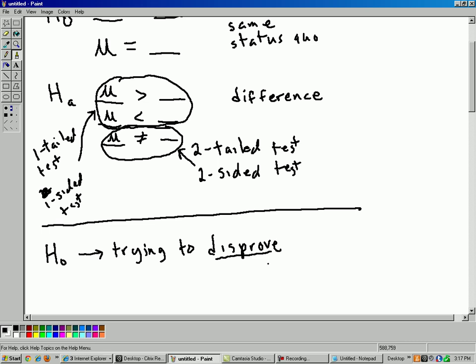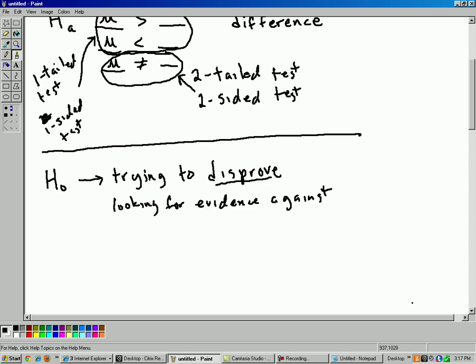There's not absolute proof based on just a sample, but we're looking for evidence against the null hypothesis. Think of it like you're not really trying to prove anything. You're trying to disprove the null. Now, if you end up disproving the null, then that implies that the alternate is true. But think of it as we're just testing the null.